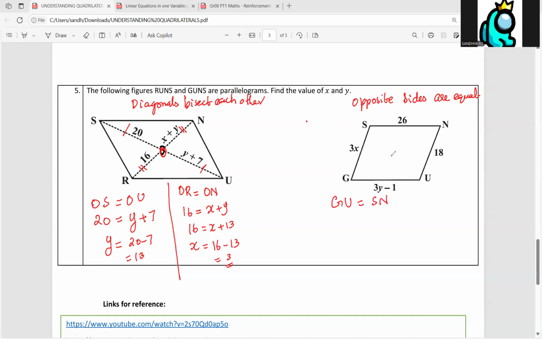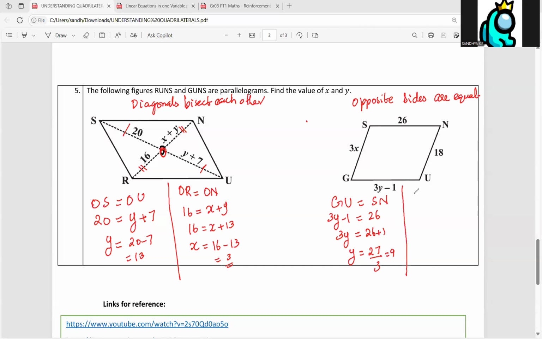They both are opposite sides. GU is equal to 3y minus 1, equal to SN, which is 26. From this we are able to write 3y equal to 26, and minus 1 goes to the other side, it will become plus 1. So 26 plus 1 is 27, divided by 3, so y is equal to 9. We got it.